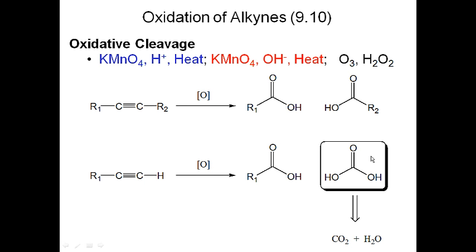And the other reaction that is essentially the same as it is for double bonds is oxidative cleavage. Now, what you have to realize when we do oxidative cleavage on a triple bond is because I've got a triple bond with 1 sigma and 2 pi bonds, it's going to require fairly harsh conditions to cleave that triple bond.